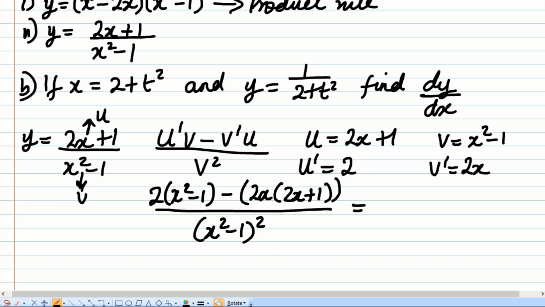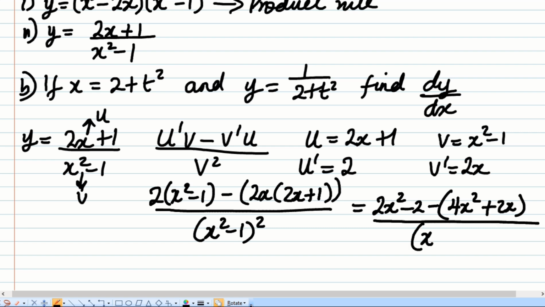So let me just expand this bracket and see what we're going to get there. We're going to get 2x squared minus 2 minus, expanding this one, 2x times 2x will give me 4x squared, and 2x times 1 is going to give me plus 2x, and that will be divided by x squared minus 1 all squared.